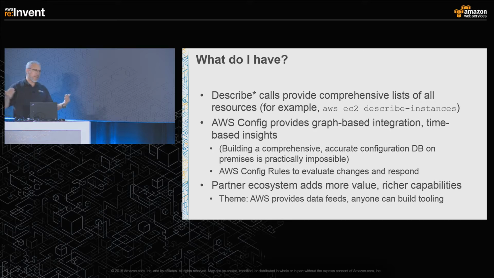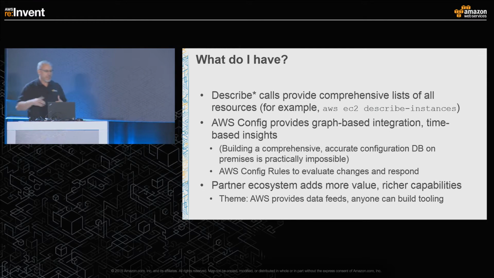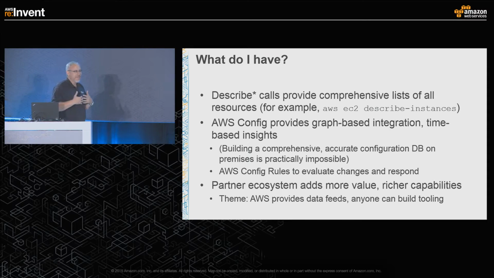Now, of course, it's not a panacea. The API calls don't look inside your virtual machine necessarily, although we'll talk about some services we have now with Inspector that can even do that. So there's some work here and some diligence that's required, but in general, you're going to be in a really good position to understand what you have.